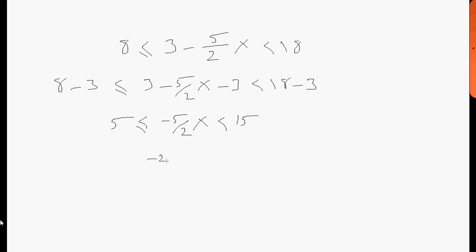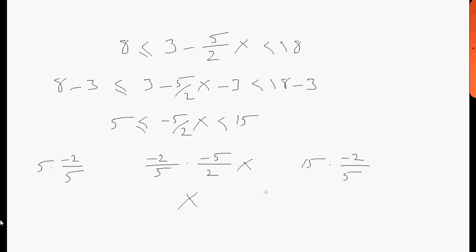Because -2 over 5 times -5 over 2 is just 1, and x is isolated.